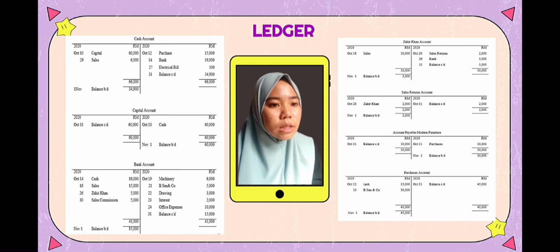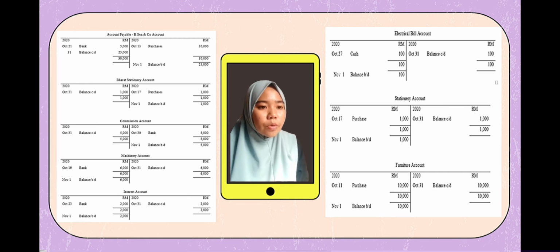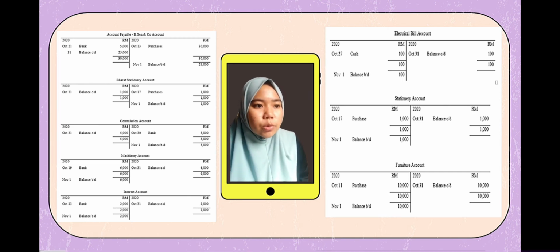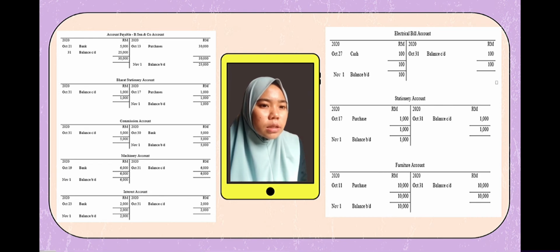So the total is 45,000. Balance on 1 November 45,000. For accounts payable, Bisin and Co account: 21 October, from bank 500, and 13 October, purchases 30,000.